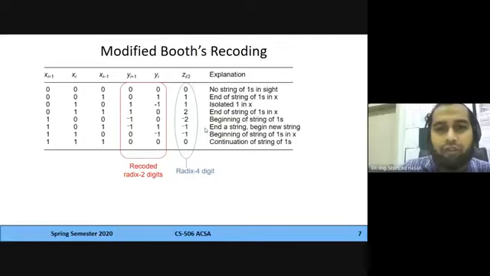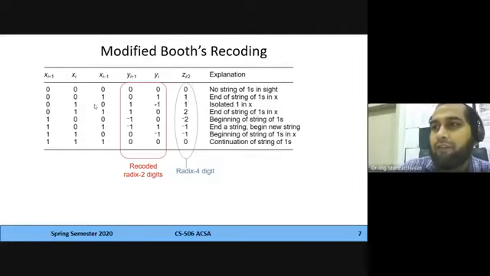Okay, so if you have all zeros or all ones, this means there is no change. So if there is no change, no activity is going to be performed, so both of these convert to 0. If there is a 001, this means that the one string has ended, and then you need to do a positive operation to make that change here.